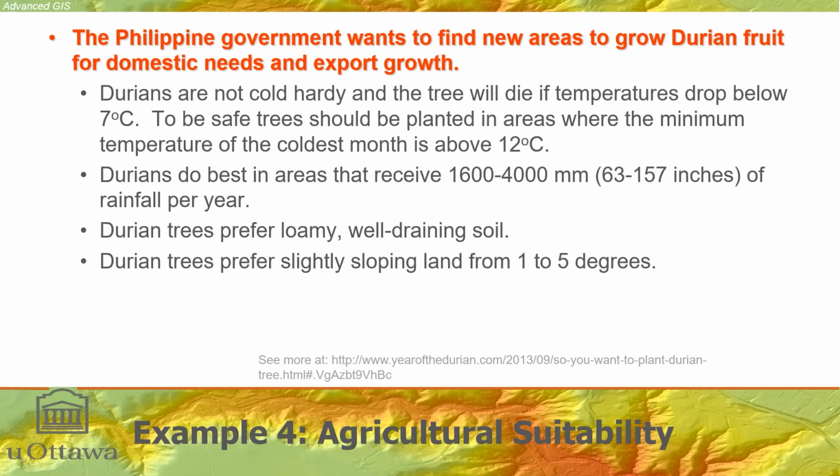So it's best to plant trees for large cropping of durian in areas where the coldest month never gets lower than 12 degrees Celsius. So that's just to ensure that you don't have some sort of thing happening whereby the Durians will end up dying because of some weird cold snap or something.